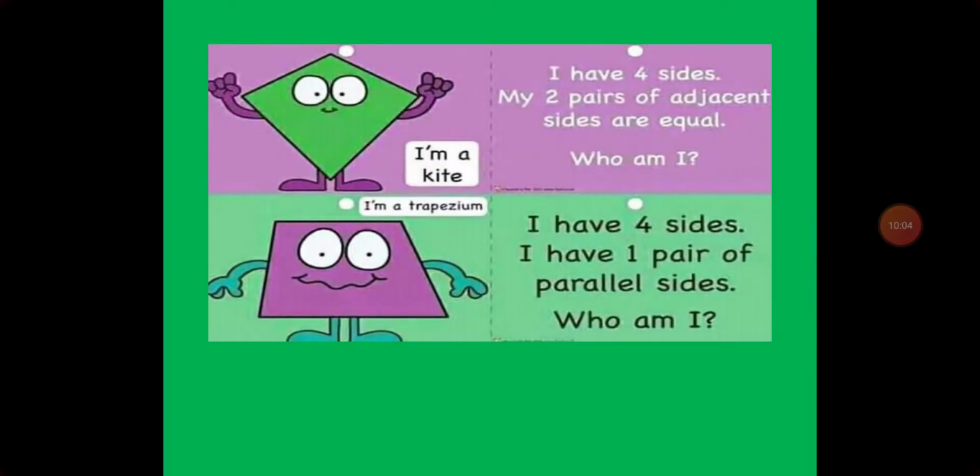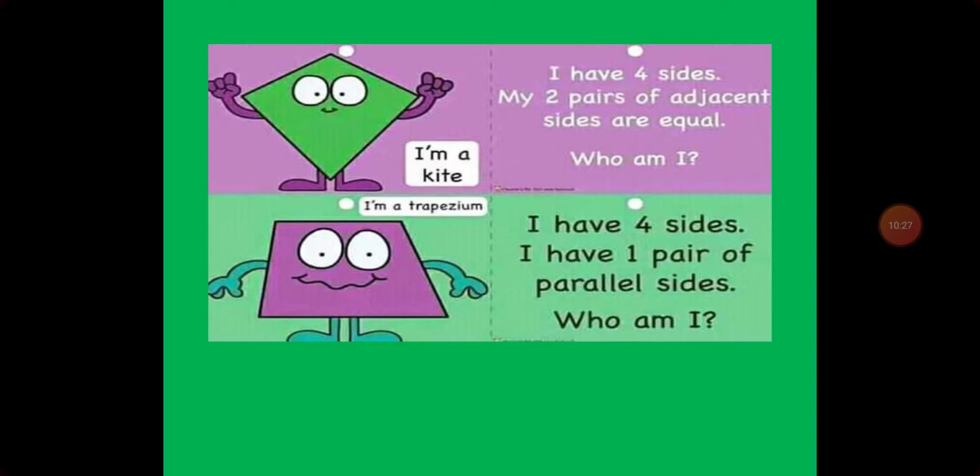Okay, now I have 4 sides. My 2 pairs of adjacent sides are equal. Who am I? Can you tell by the picture? Yes, you are a kite. You know what a kite is?